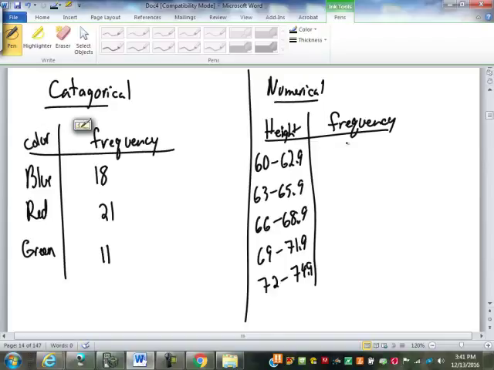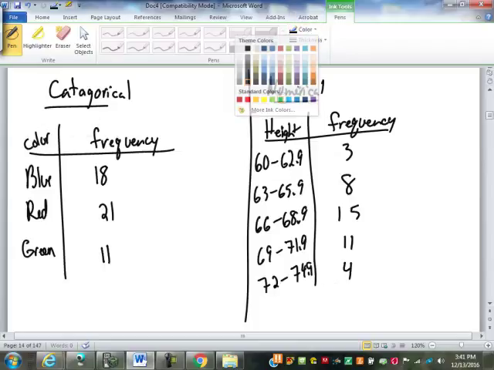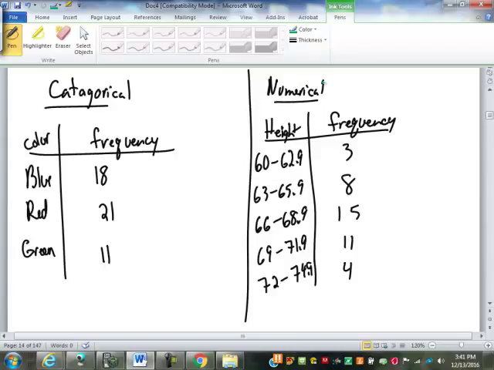For height over here, let's say we had 3, 8, 15, 11, and 4 in those groups. Again, those are numbers I just pulled out of the air and put in there. We normally would have a list of numbers and we'd have to organize them.